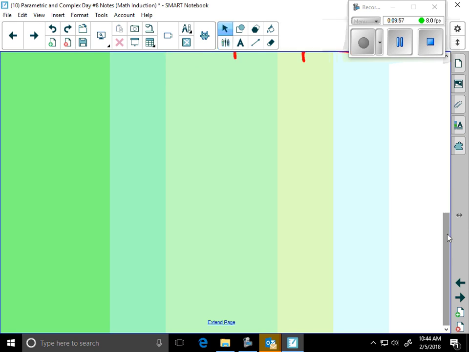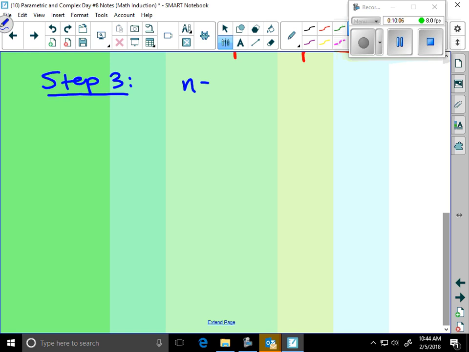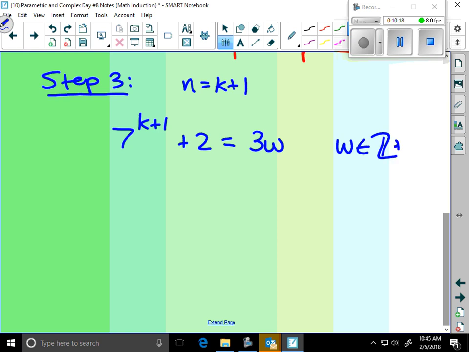Okay, so step 2, I've plugged it in for n equals k. Step 3, execution step. Hopefully you're on the good end of the execution. n equals k plus 1. So 7 to the k plus 1 plus 2 equals 3w for some w in the positive integers.